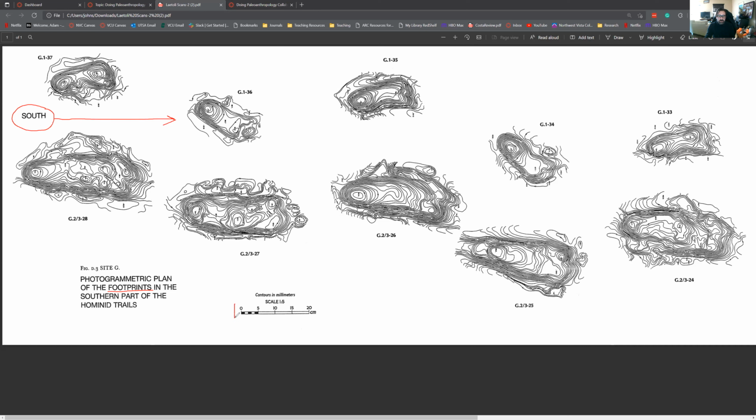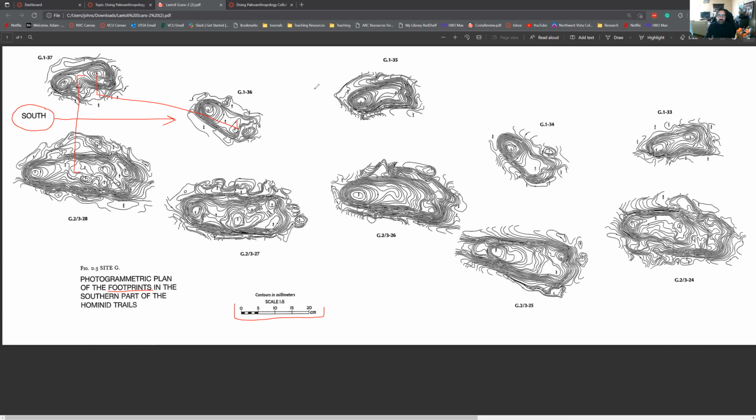You can know the size of the footprints because we have a nice scale here. You can know the relationship of each footprint to its partner. You can understand the relationship between each footprint to the corresponding footprint. You can know all of the relationships between all the footprints together.